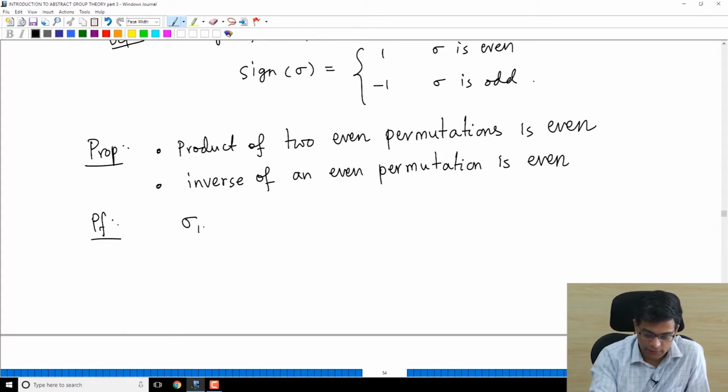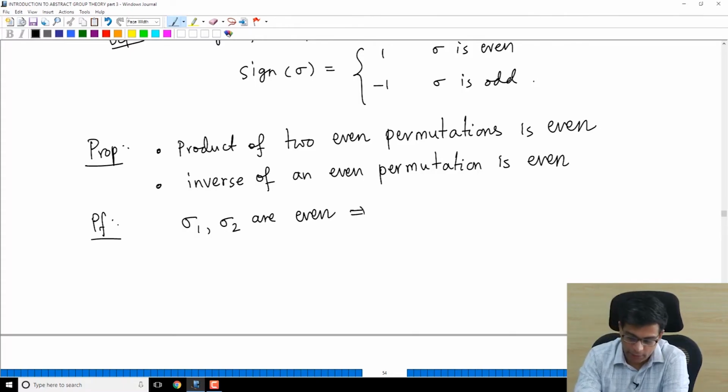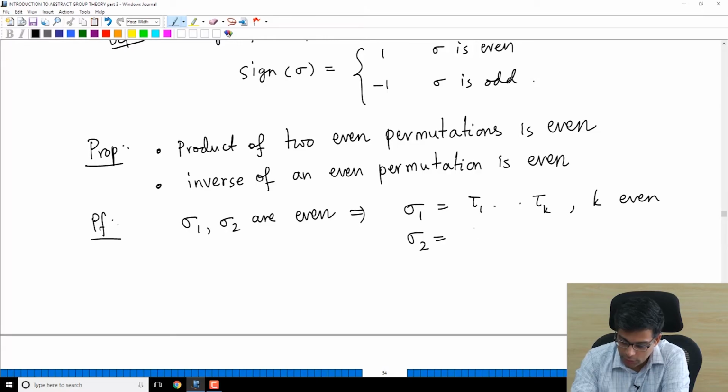Why is this? If sigma 1 and sigma 2 are even, that means sigma 1 can be written as a product of tau 1 up to tau k, where k is even. Similarly, sigma 2 can be written as some rho 1 up to rho t, where t is even. What is sigma 1 sigma 2 now?